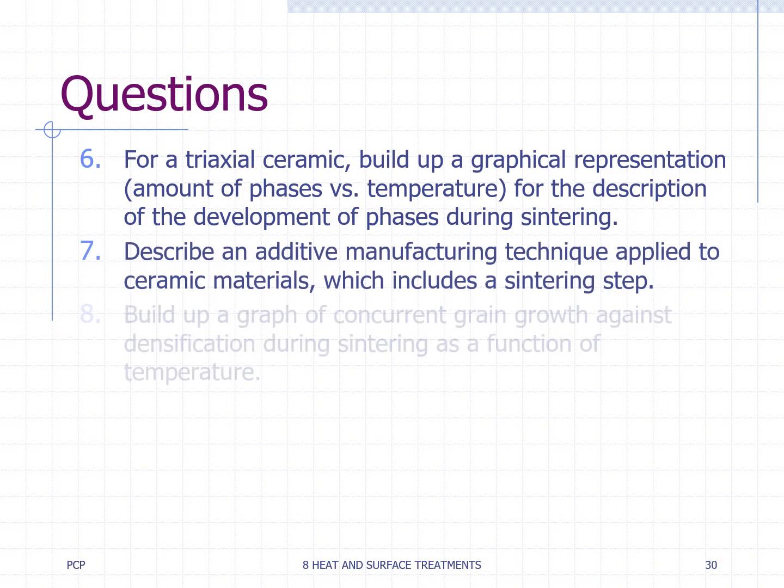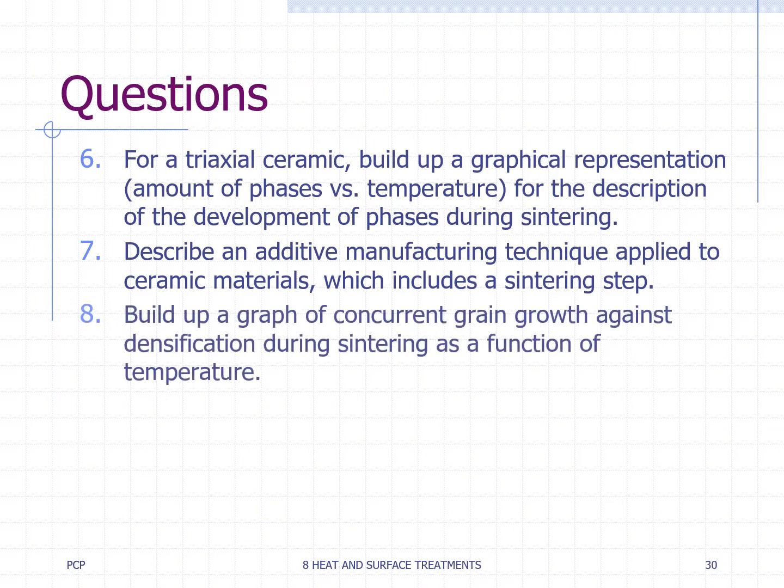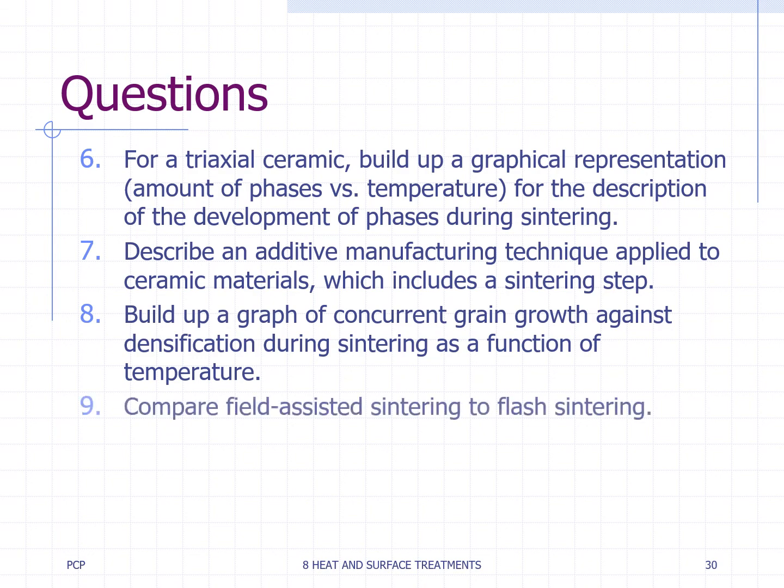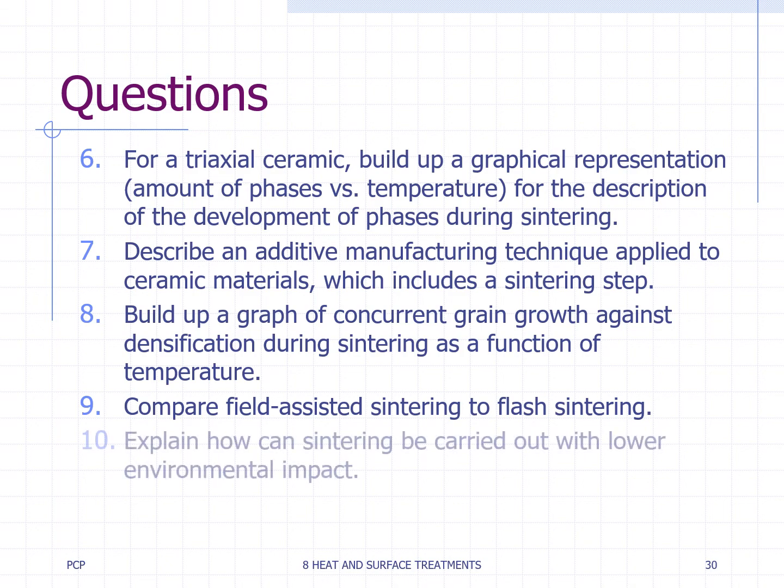Build up a graph of concurrent grain growth against densification during sintering as a function of temperature. Compare field-assisted sintering to flash sintering. Explain how sintering can be carried out with lower environmental impact.